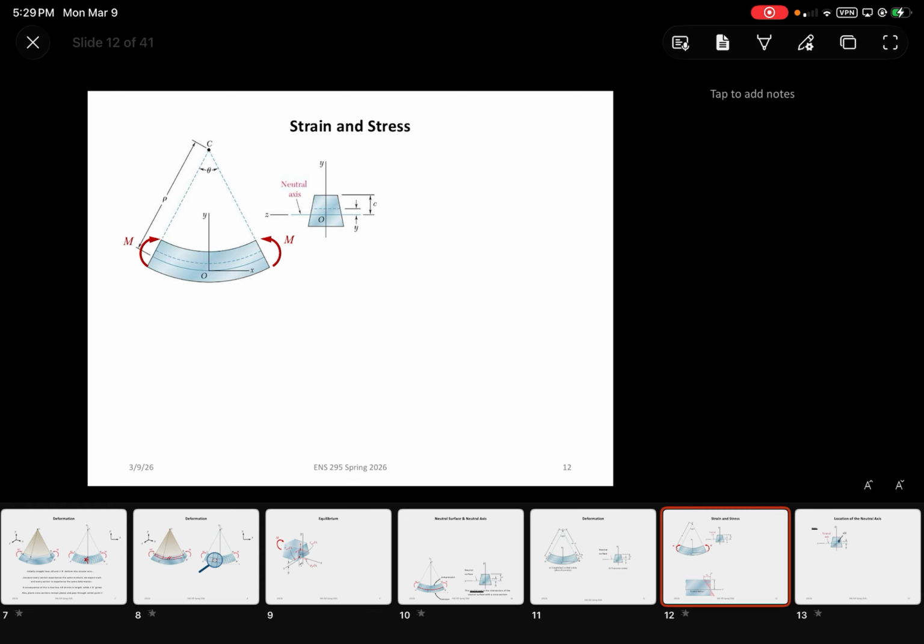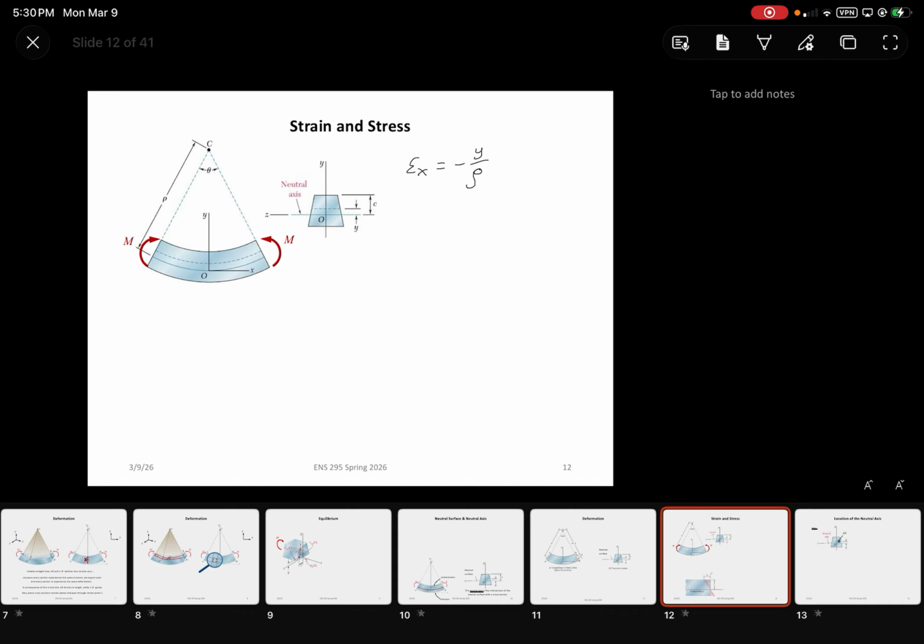All right. So again, our strain in the x direction is just equal to negative y over rho. This is expressed as a general function, so if we wanted to find the strain at any particular point along the cross-section of the beam, perpendicular to the cross-section of course, we could just plug in some value of y, knowing the radius of curvature.